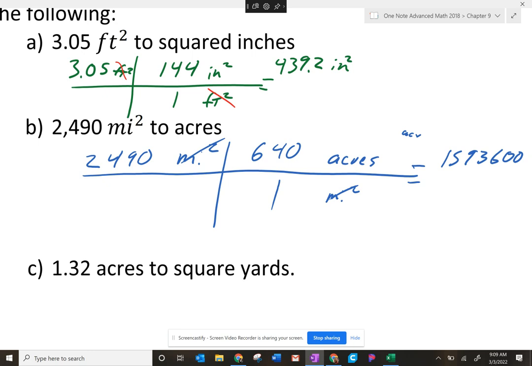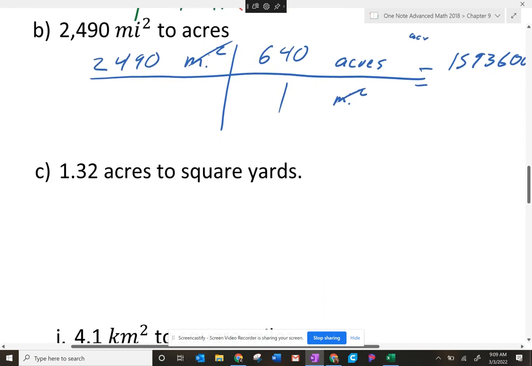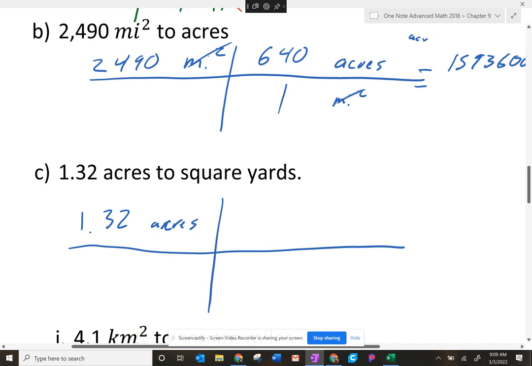Okay, the next one, we've got acres to square yards. That one we cannot do in one step. So looking at those charts, if you have them, we have 1.32 acres and I want to get to square yards.